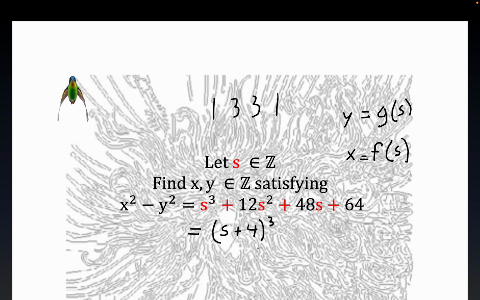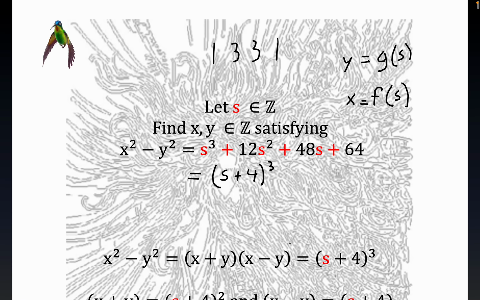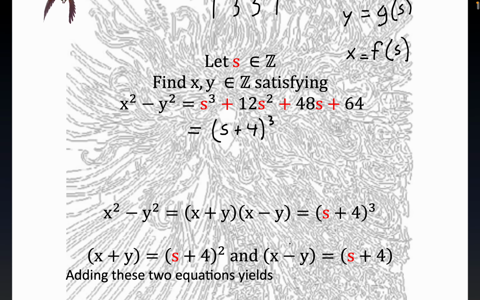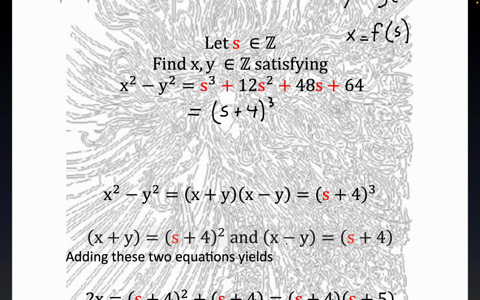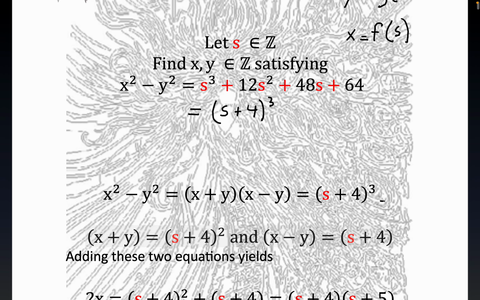Now it turns out to be much easier to work in this form right here, x squared minus y squared is equal to s plus 4 cubed. And most of the work has already been done down here. What I've done is just taken advantage of the very simple exponential truth that s plus 4 cubed is equal to s plus 4 quantity squared times s plus 4.